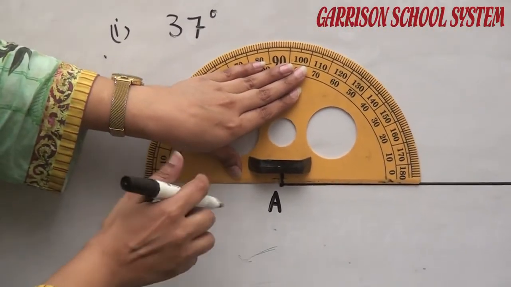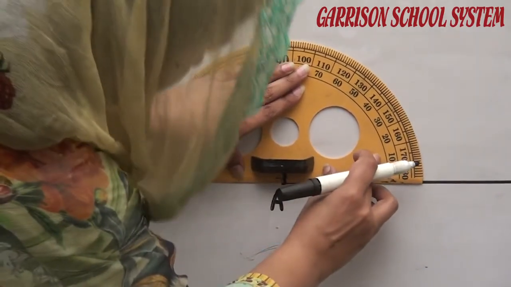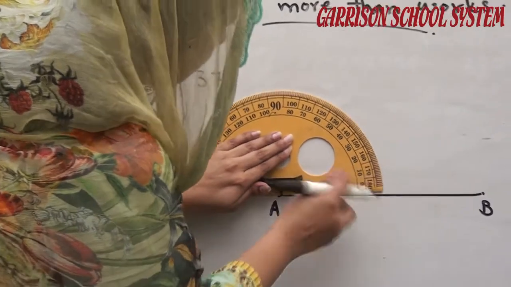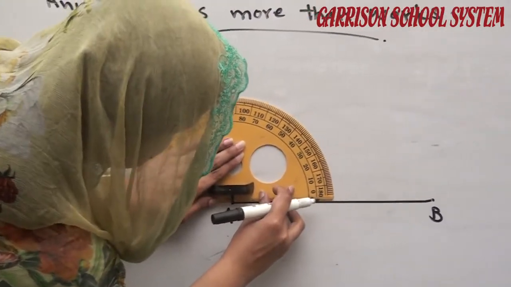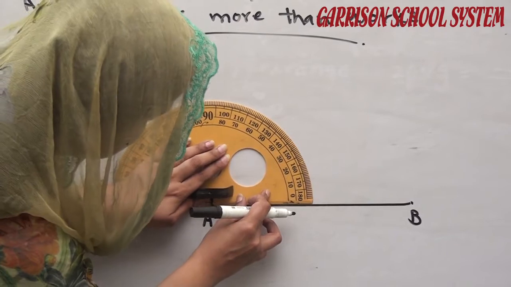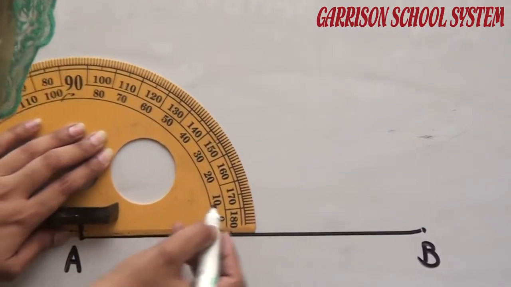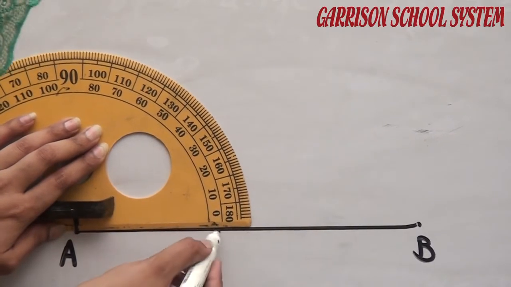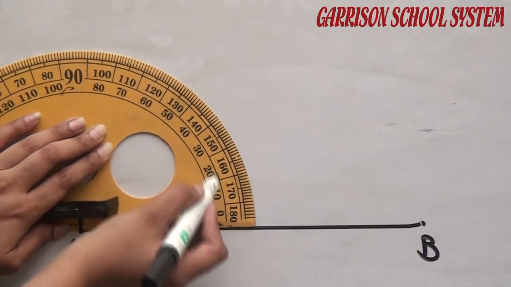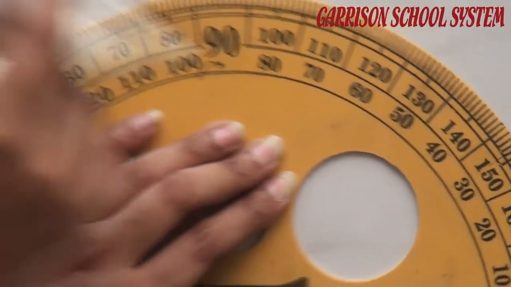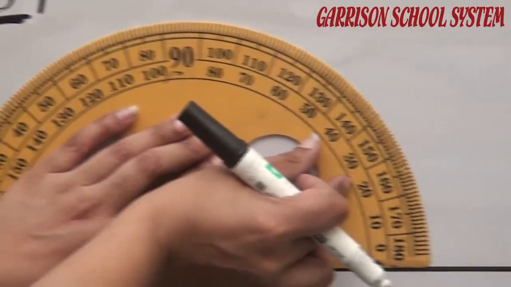We have, this is 0. In this way, students, the protractor should be placed carefully. So it started from 0, 0, 10, 20, 30, this is 40. 37 lies in between 30 and 40.